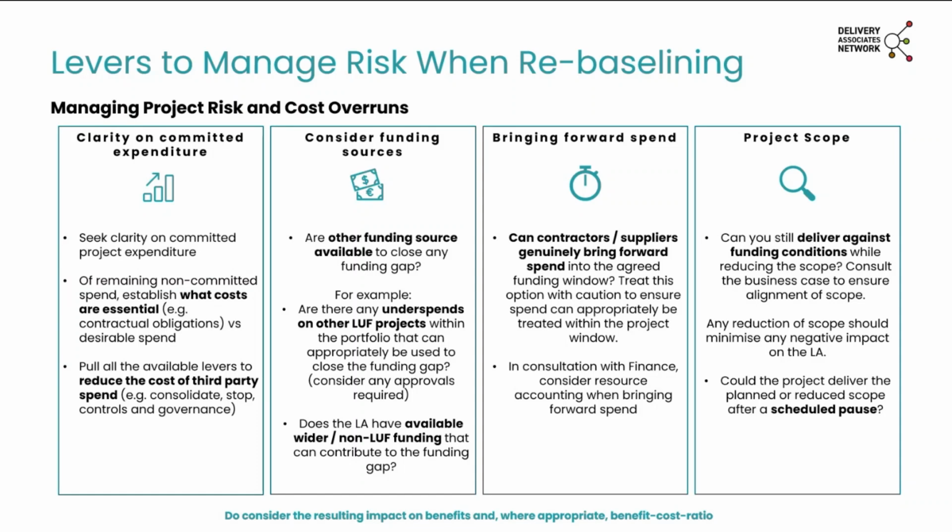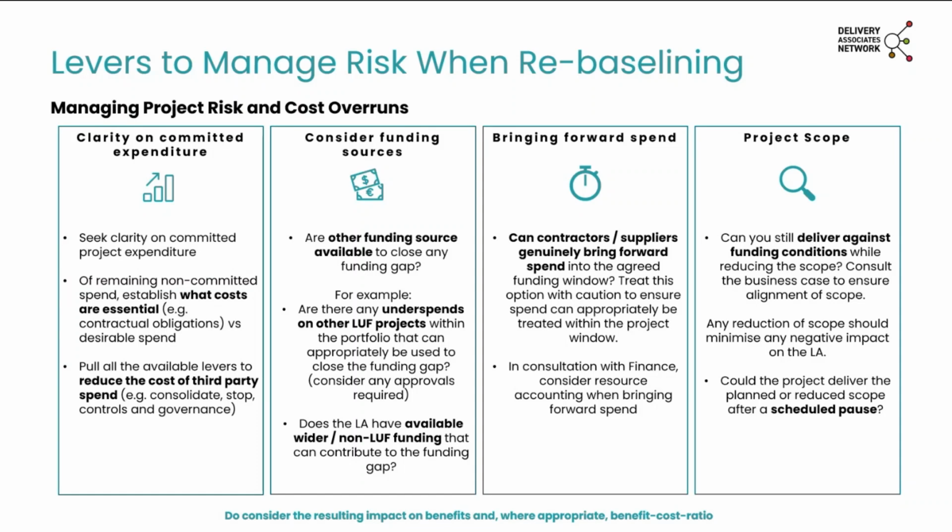Particularly where you are looking at cost overruns on the project, it's helpful to seek clarity on what spend is committed and is therefore essential, for example your contractual obligations, versus any desirable spend, which may be uncommitted spend.